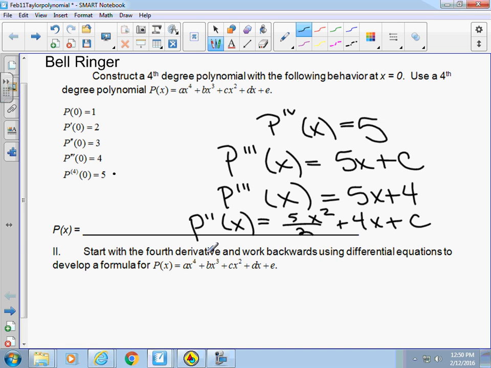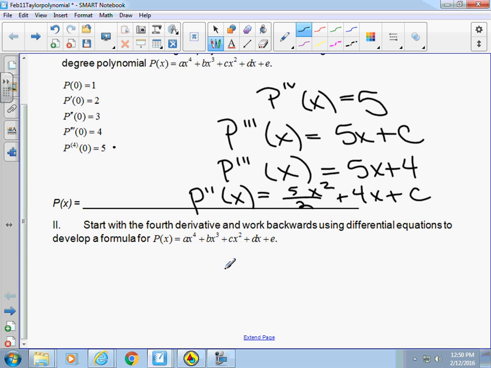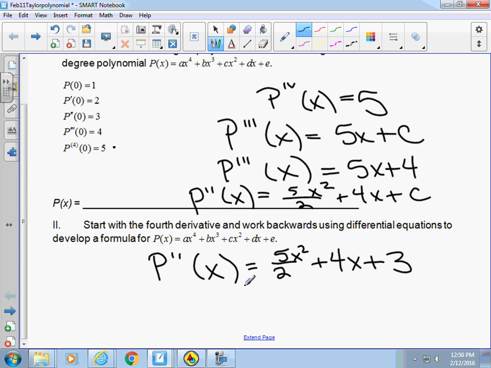What is C? C is 3. How do you know? Okay. Is it okay if that's the last one I show plus C on and we just start putting in the C as we go? Okay.